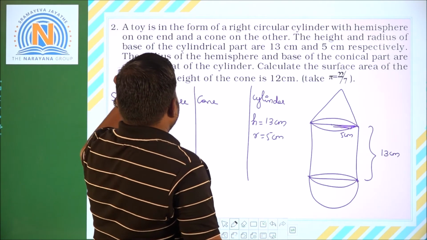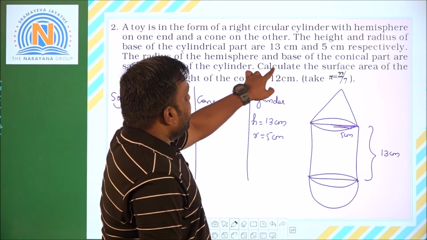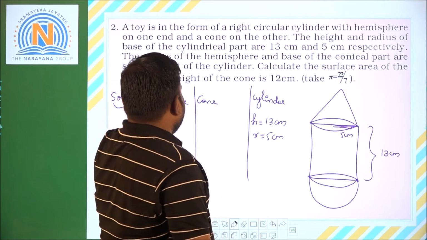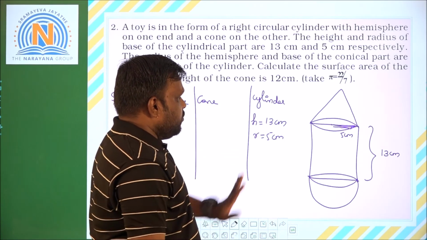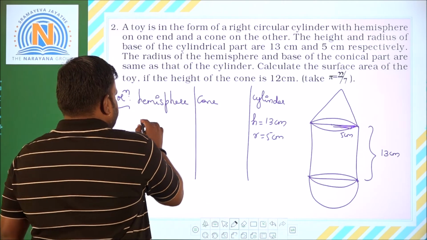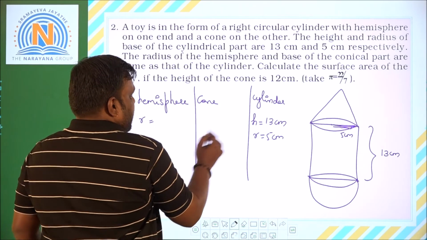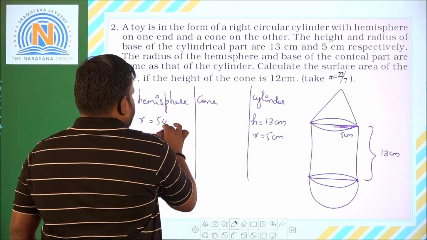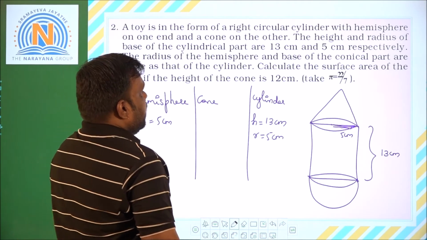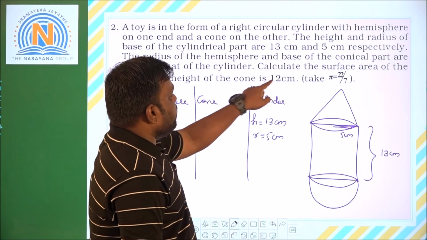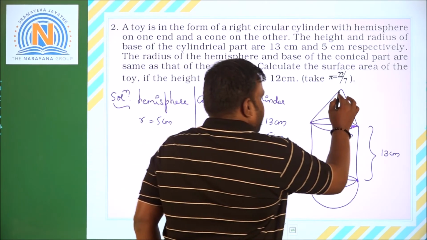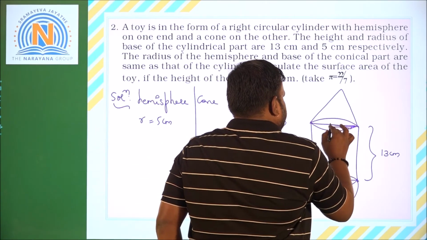Now next, the radius of the hemisphere and base of the conical part are same as that of the cylinder. Okay, so hemisphere radius is also the same. That means radius of the hemisphere is again 5 centimeters. Now calculate the surface area of the toy if the height of the cone is 12 centimeters. So here this is the conical part.